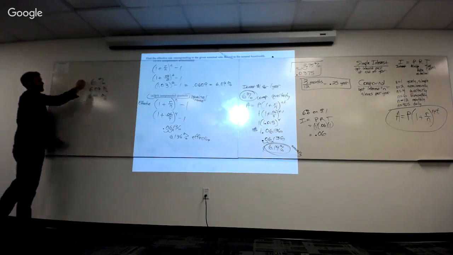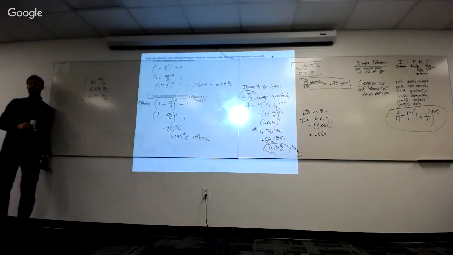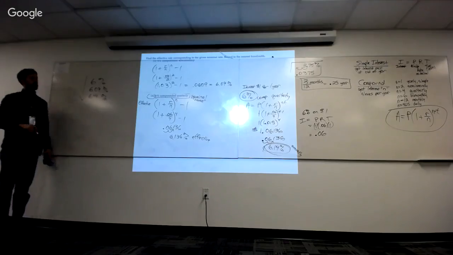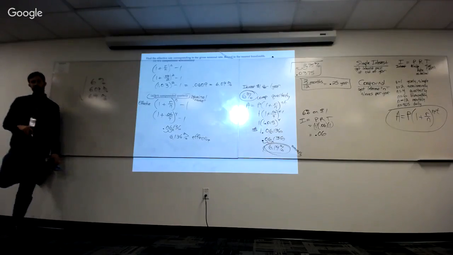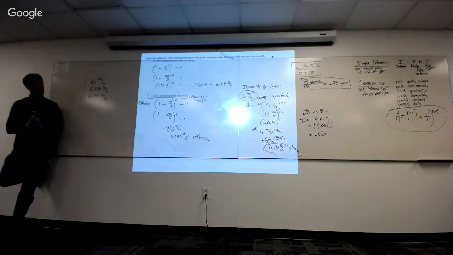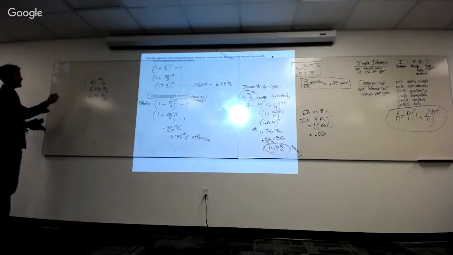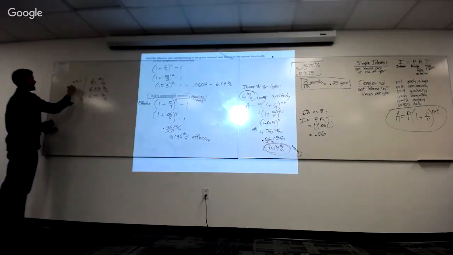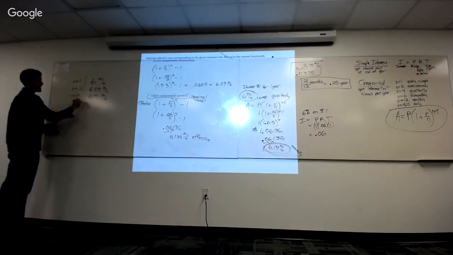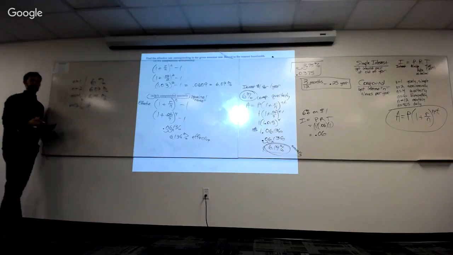It begs the question, how high could that go? What if I now compounded monthly? In fact, we can all do that on our calculators. So this was n equals 1, this was n equals 2, this was n equals 4. So what about monthly? How much higher do you think that 6% will go?